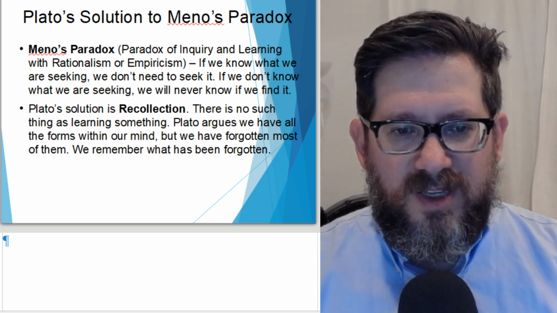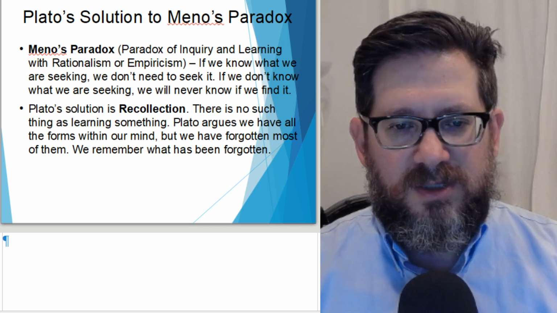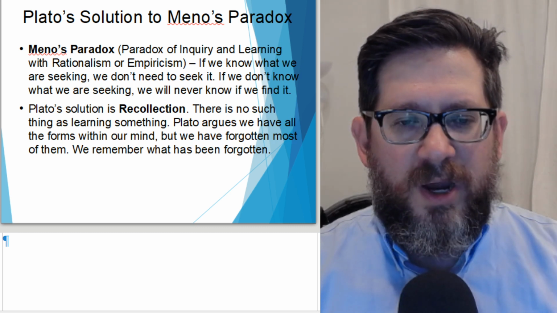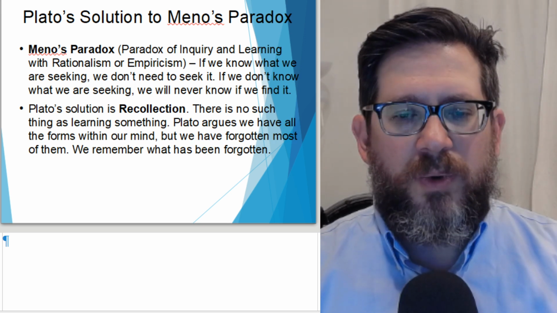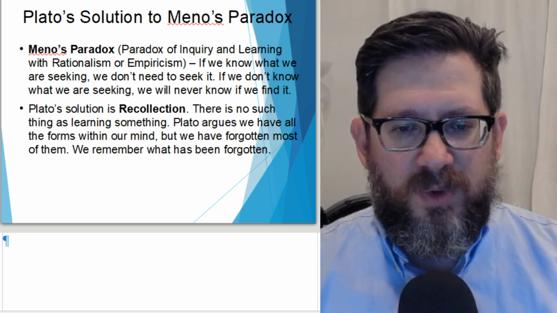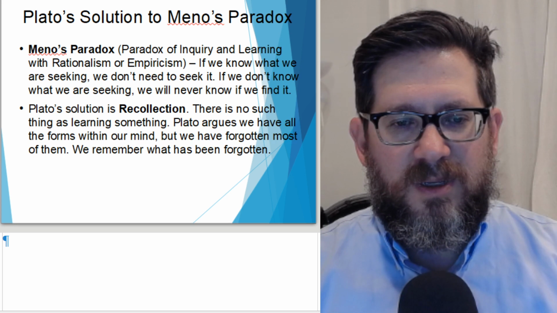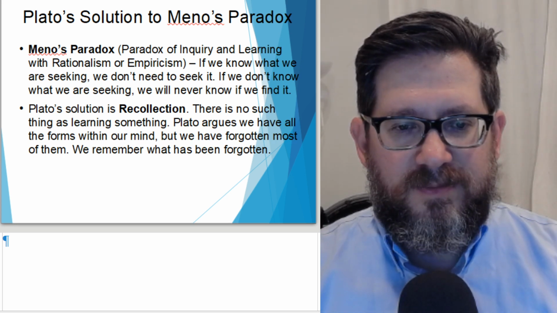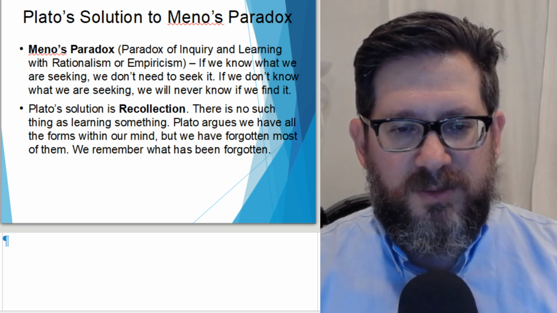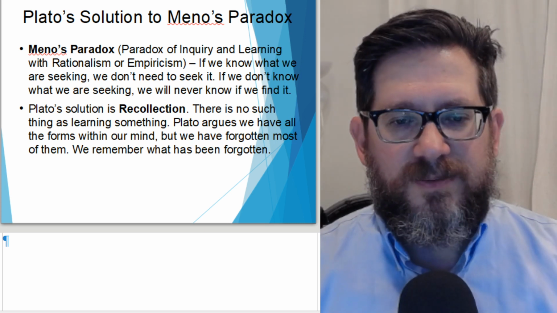And so life is about trying to remember these ideas within us. And that when we go and we inquire, we keep going until there's a recognition, until we remember that form that's already within us. So learning becomes recollection, remembering. So he's added into the theory of forms that we have forgotten all those forms.